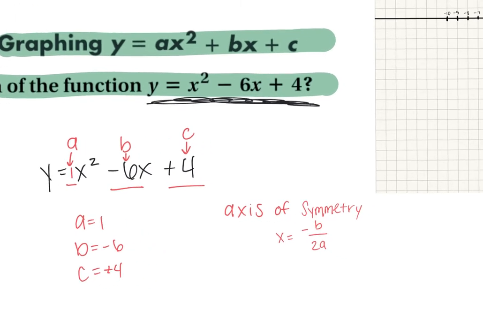And let's just plug in what we know B is and what we know A is. In other words, negative. B is what? -6. And A? So plug in a 1 and plug in a -6 wherever you see a B, wherever you see an A.